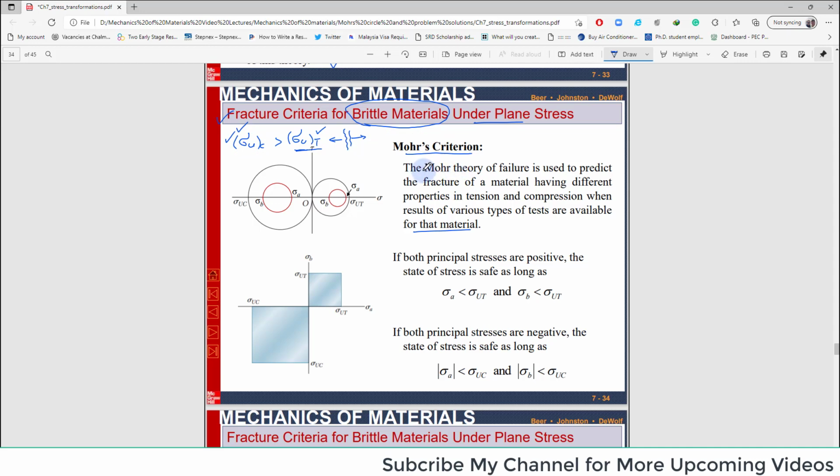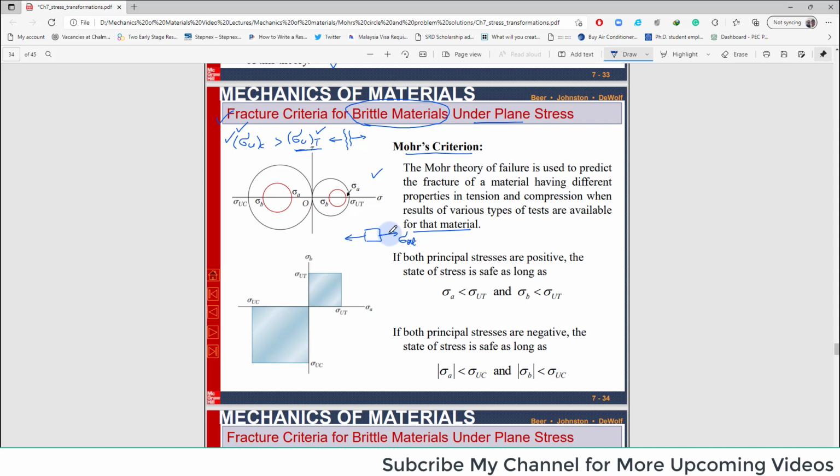So now Mohr theory, a failure theory, is applied on materials that have different strength under tension and compression. Now if you look at this figure, if you have an object and you apply a uniaxial tensile test, that is for brittle material, until fracture, so ultimate strength.